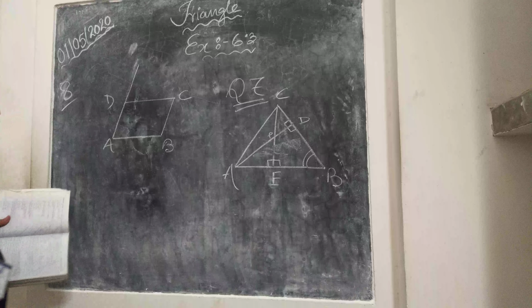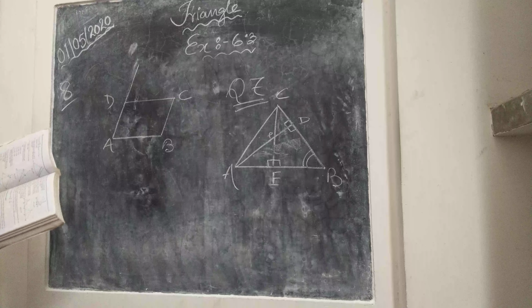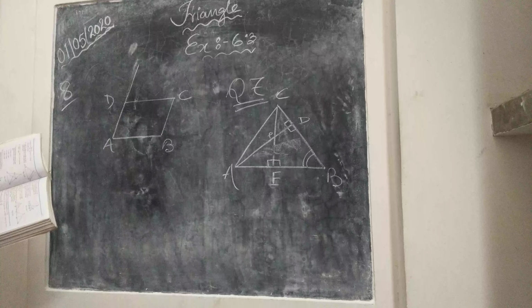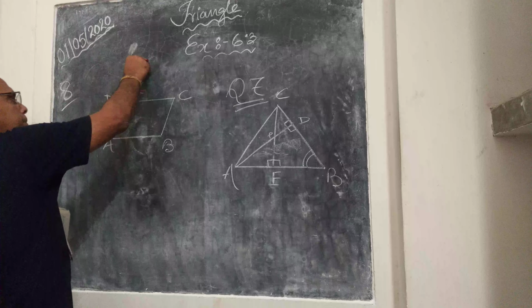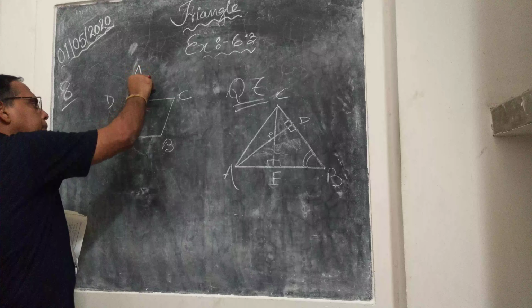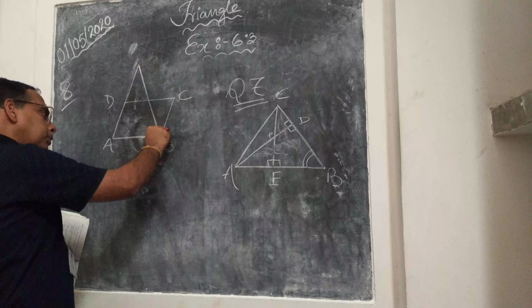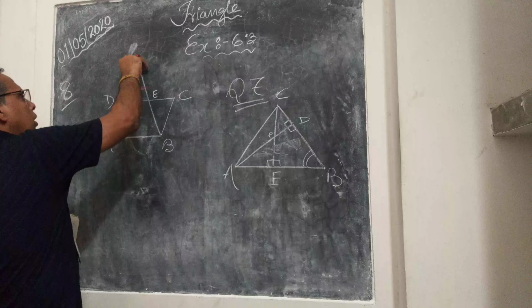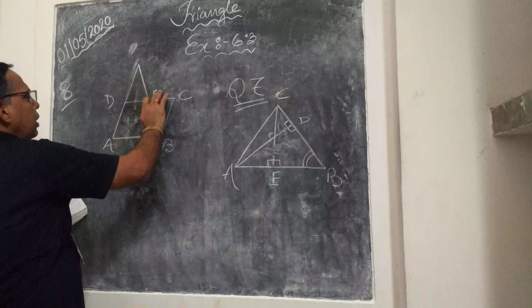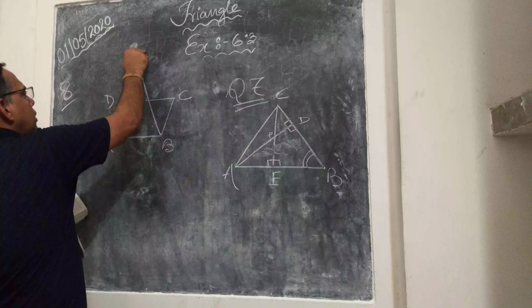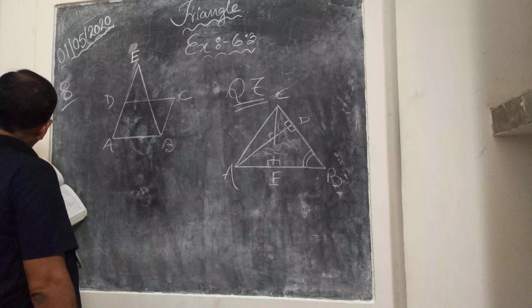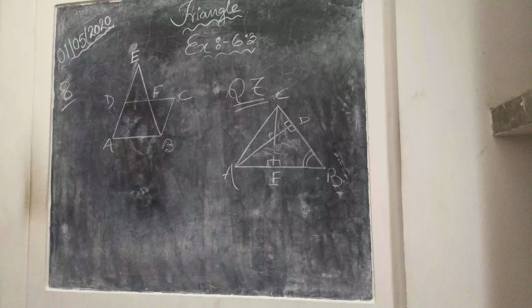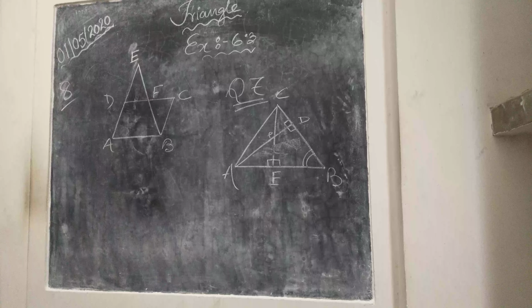AD is produced. Then what are they asking? AD is produced of a parallelogram ABCD and BE, this is BE, intersects CD at F.